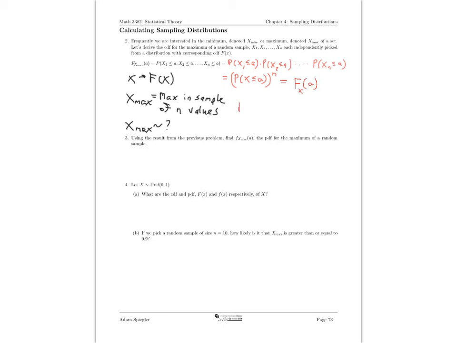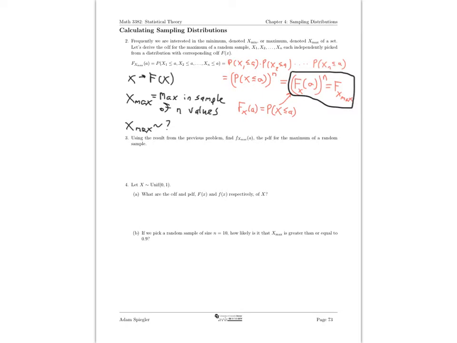Since when we say F_x of a, by definition, this is the cumulative distribution. This is saying what's the probability that x is less than or equal to a. So we can plug that in and raise that to the nth power. This would exactly give us the cumulative distribution for x max. Okay, so that answers question 2.